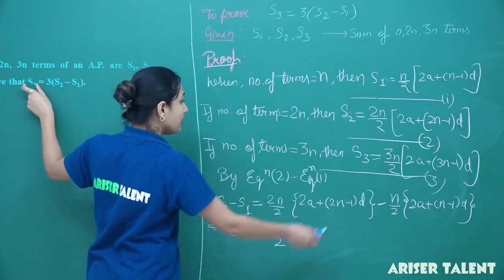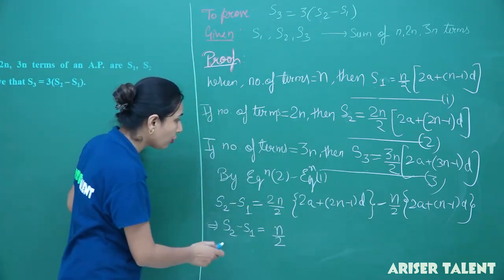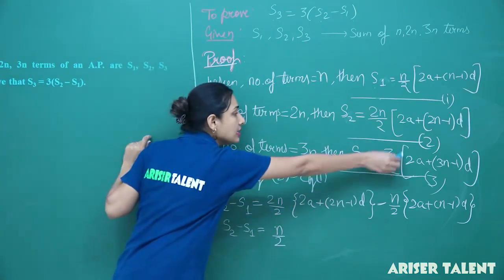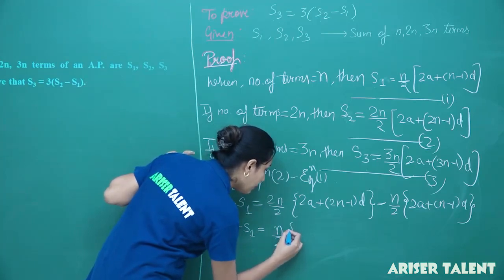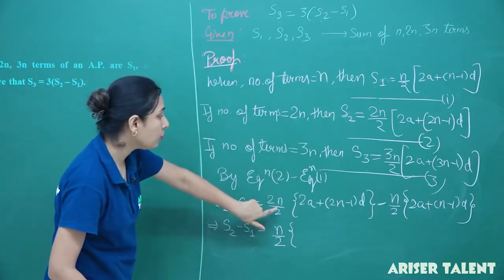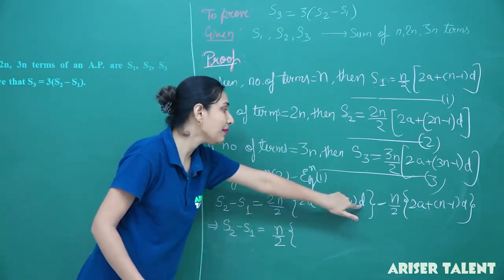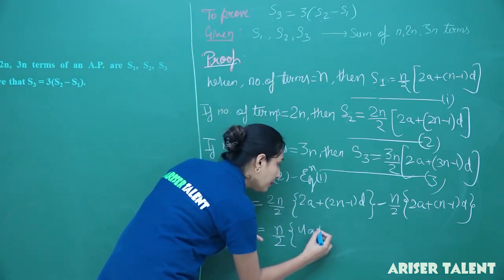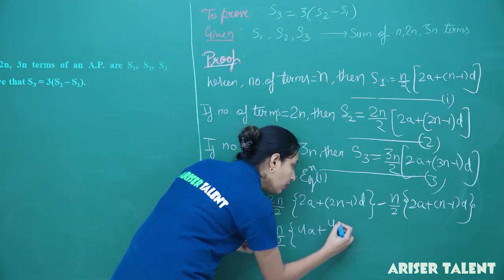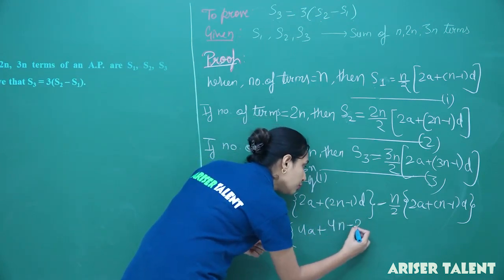So I take out n by 2 as common. If I am taking n by 2 common, 2 will be multiplied by this term, so 4a will be here plus 4n minus 2.